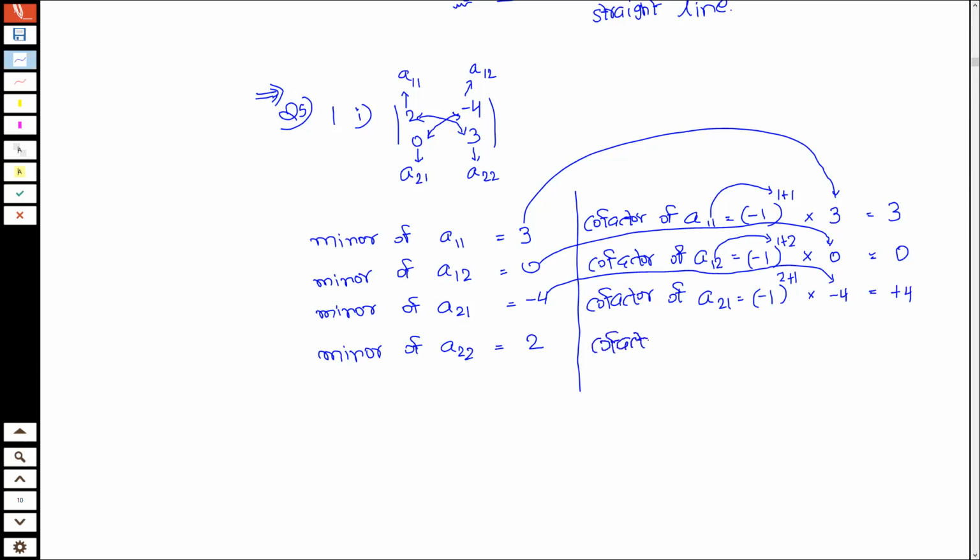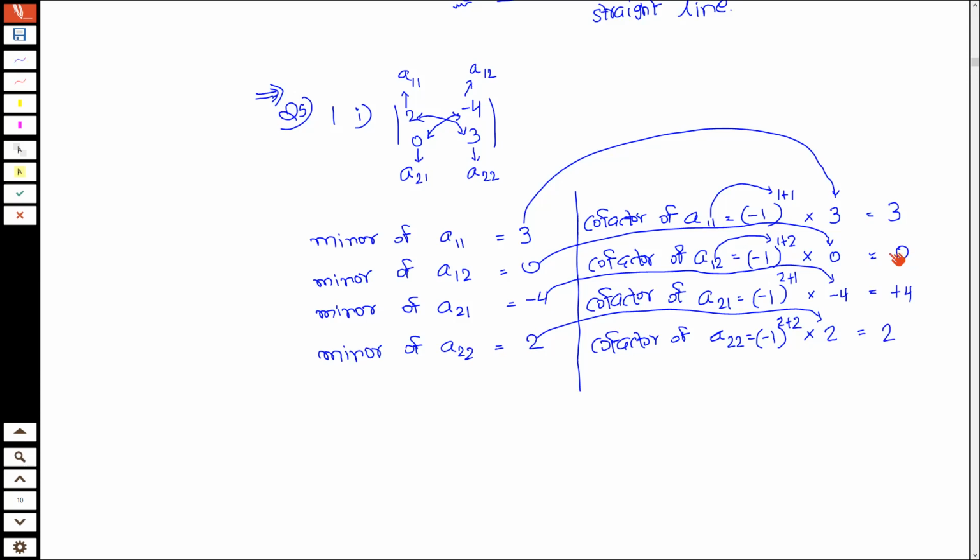And cofactor of A22 is -1 raised to 2 + 2. So here, now what do you feel? Sign will change or not? Now it will not change. So it will be 2.